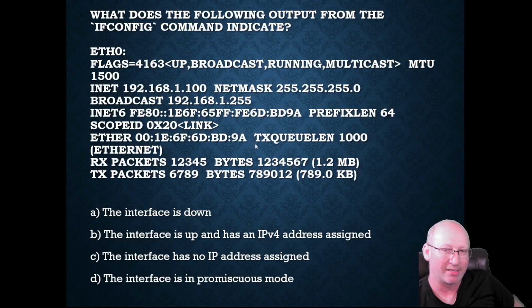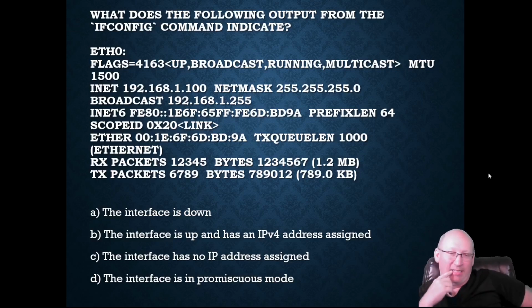Then it's telling us txqueuelen 1000 Ethernet, meaning that is usually our Ethernet connector. We've received 12345 packets, or 1234567 bytes, about 1.2 megabytes total, and we've transmitted 6789 packets, or 789 kilobytes. All right, so that's how we read that if you have not seen this before.